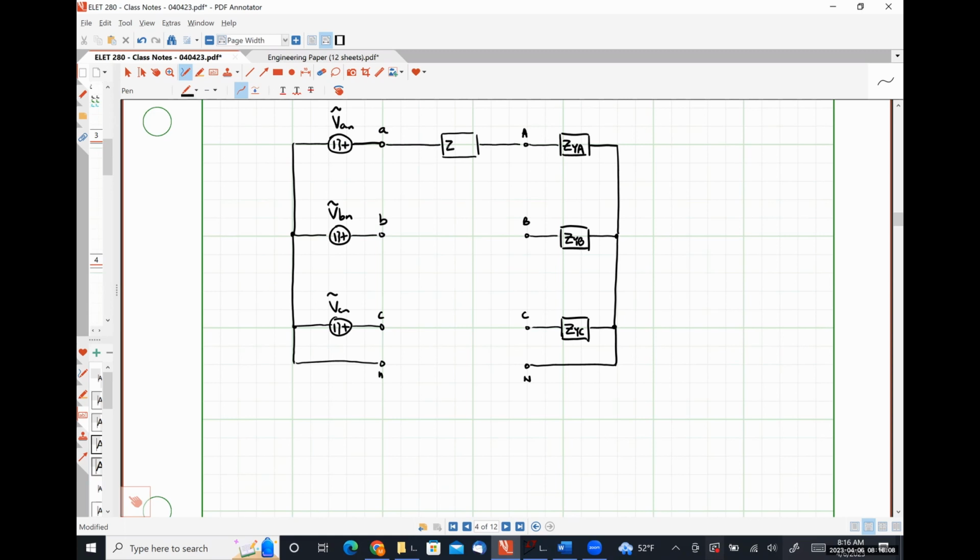So I'm going to call this impedance ZWA. It represents the impedance of the A phase of the transmission line. This guy here will be ZWB for the B phase of the transmission line.